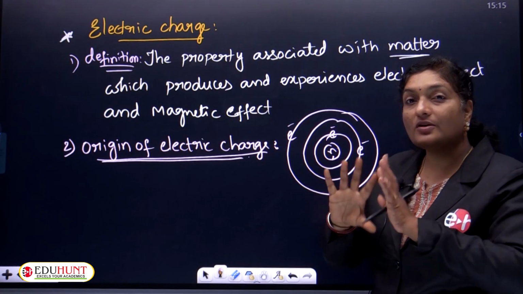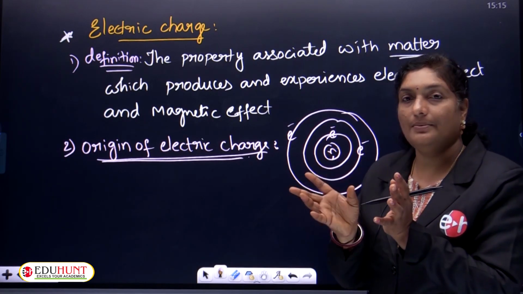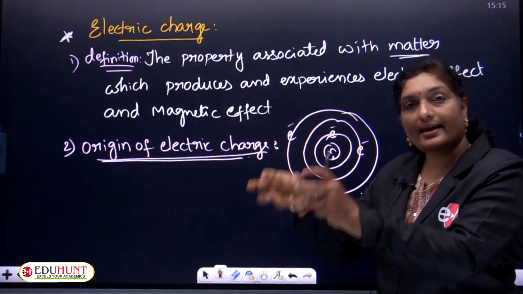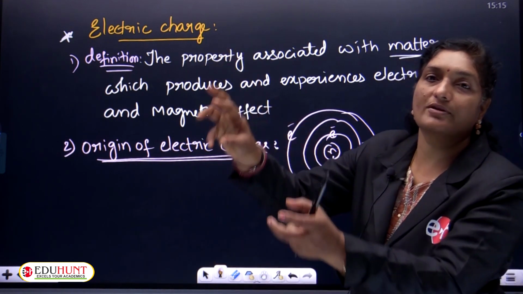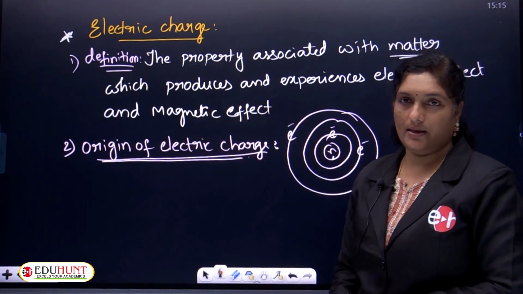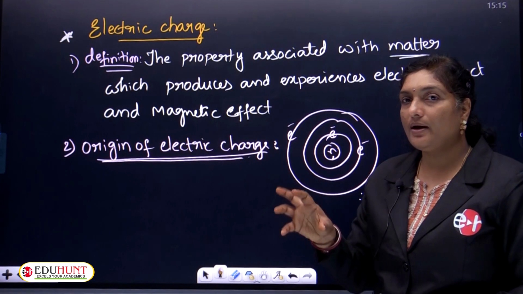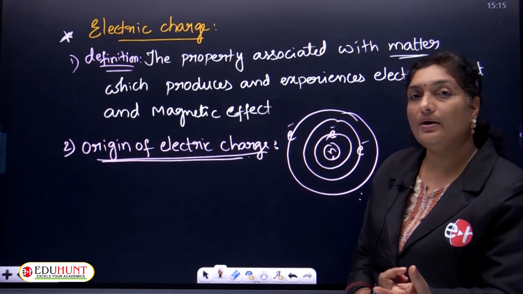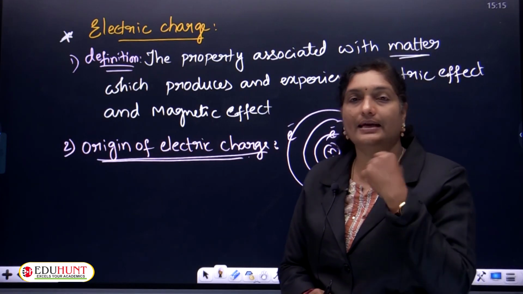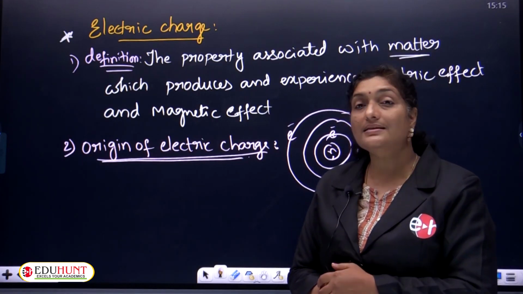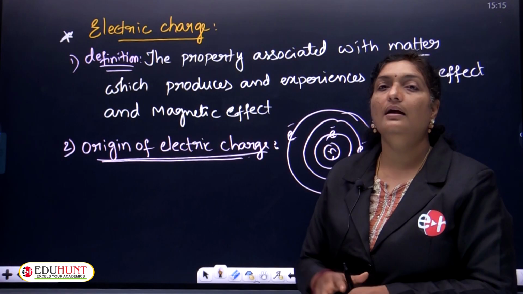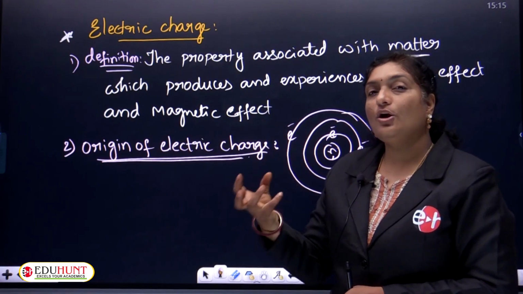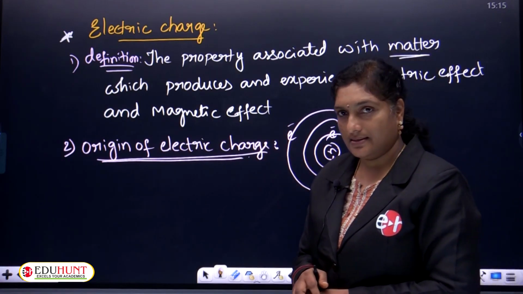Then the neutrality of the atom gets disturbed. As a result, the electrons from one body get transferred to the other body. That means in one body the number of electrons is reduced, whereas in another body the number of electrons is increased. As a result, as we have said earlier, the electron density changes.